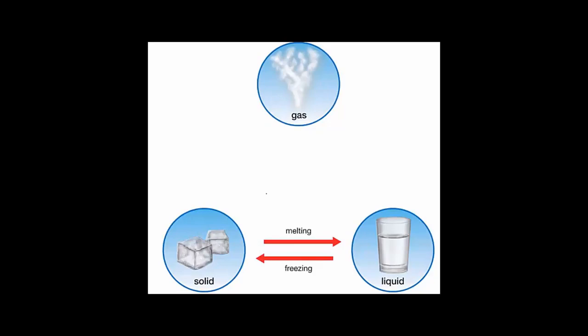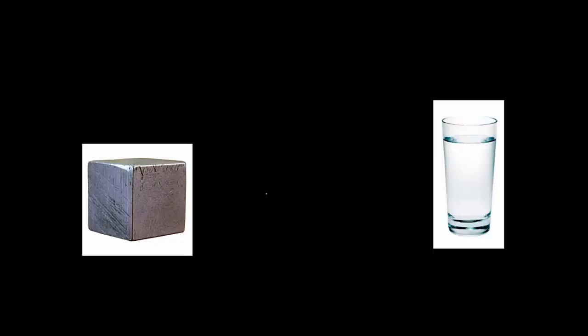The amount of heat energy that's required to cause a phase change depends on the substance or the material. So for example, metal, such as iron, requires a lot of heat energy to make those molecules move. And that's why metals are frozen solid at room temperature, while water is liquid at room temperature. Water doesn't require as much heat energy to get those molecules moving fast enough to be a liquid.